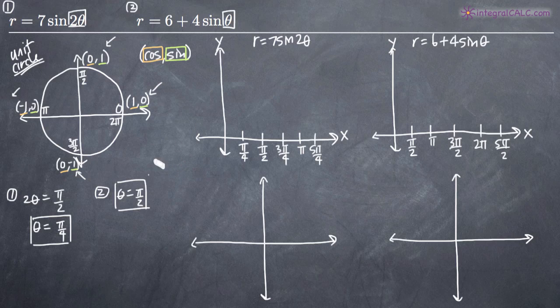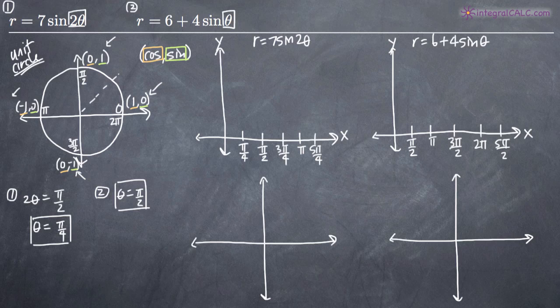Those points are obviously really easy to evaluate as opposed to something out here like an angle pi over 4 where the coordinate is square root of 3 over 2 or something like that. So sticking to these 4 corners on the unit circle makes things a lot easier.